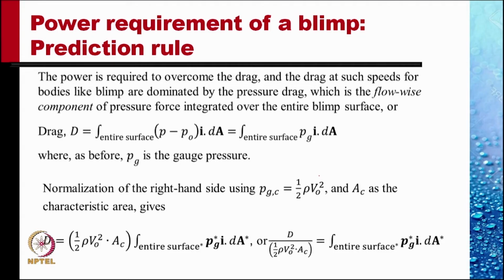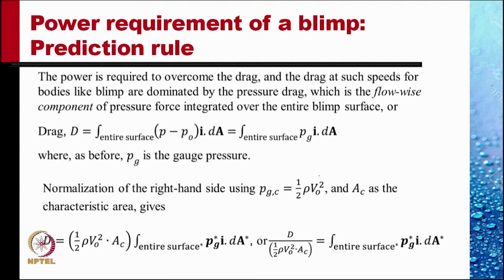Normalization of the right hand side, using the characteristic pressure difference as 1 half rho V naught square and AC as the characteristic area, gives drag is equal to 1 half rho V naught square times AC into the integral of P star G I dot dA star. Now this integral is non-dimensional.